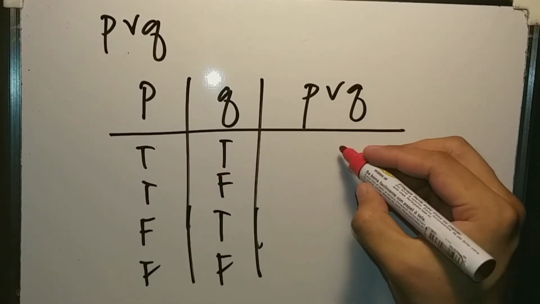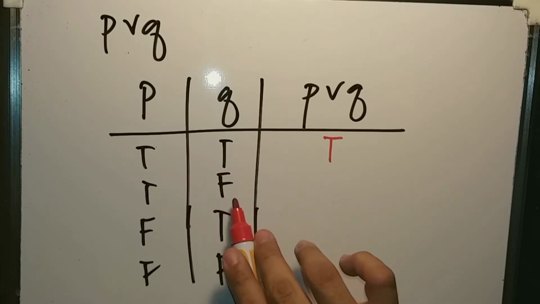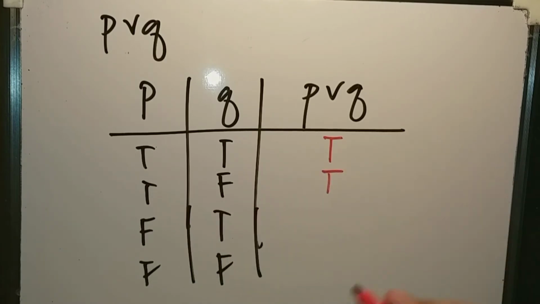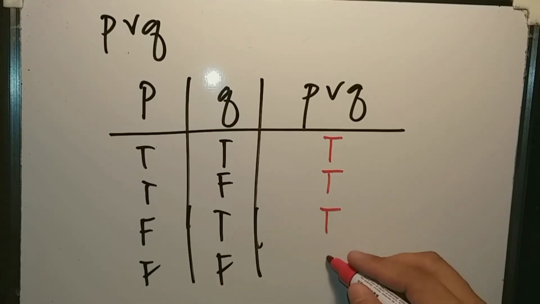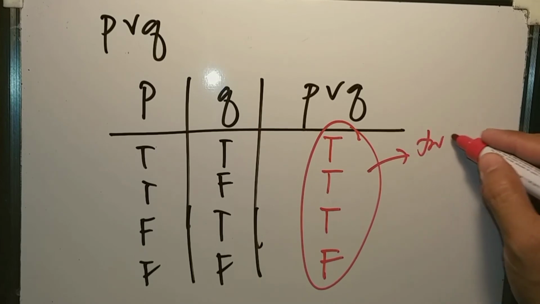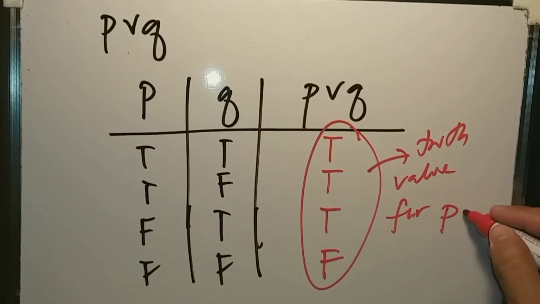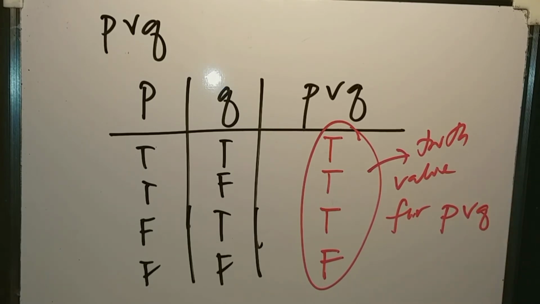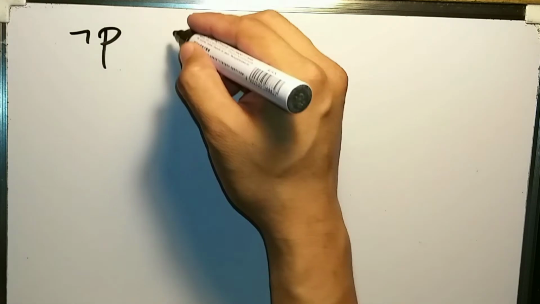So the value here is true. For this row, we also have true, and then we have true and false. So this is the truth value for P or Q.